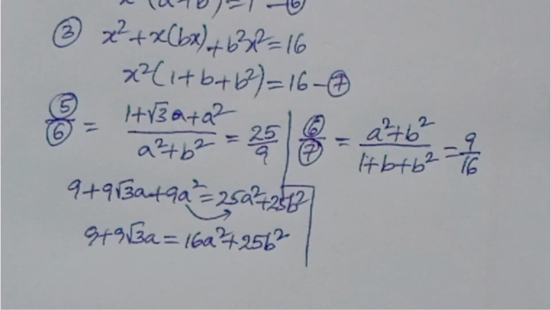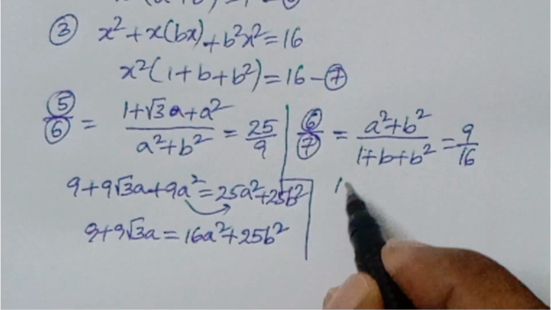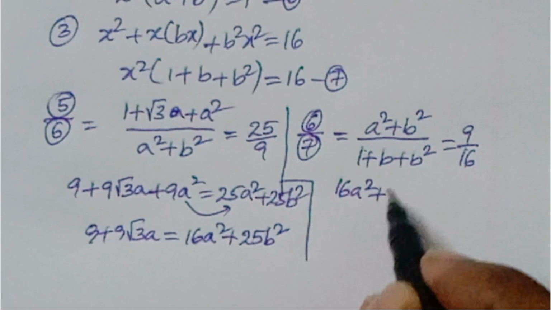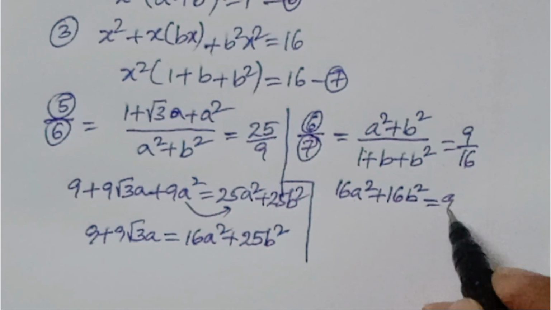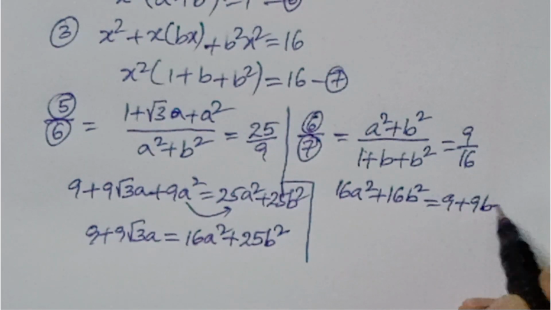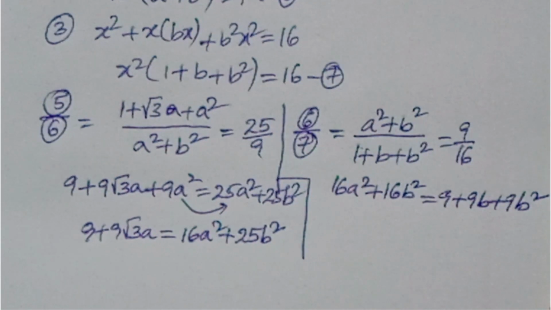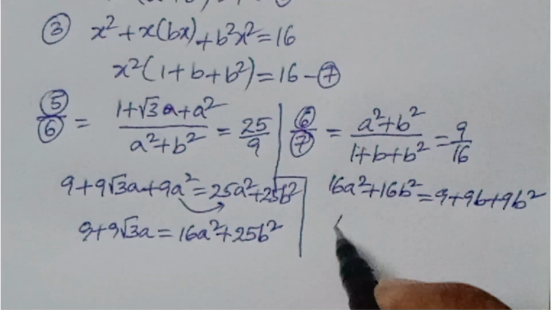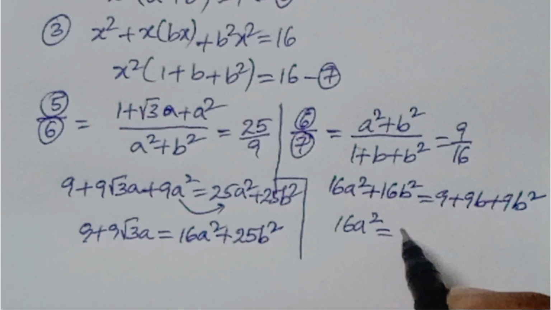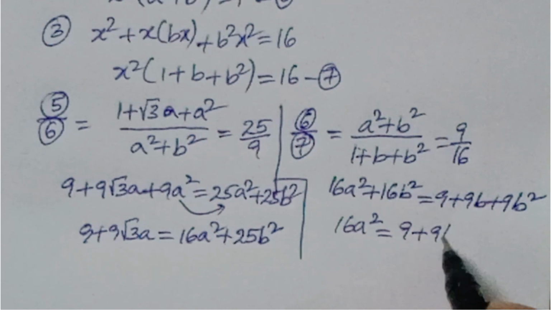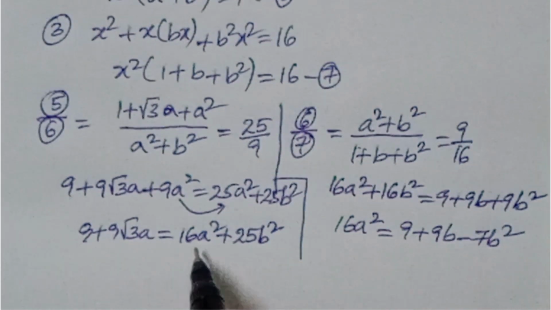Okay, now if you take this side, here you'll get 16a square plus 16b square cross multiply is equal to 9 plus 9b plus 9b square. From this you can write 16a square is equal to 9 plus 9b minus 7b square.